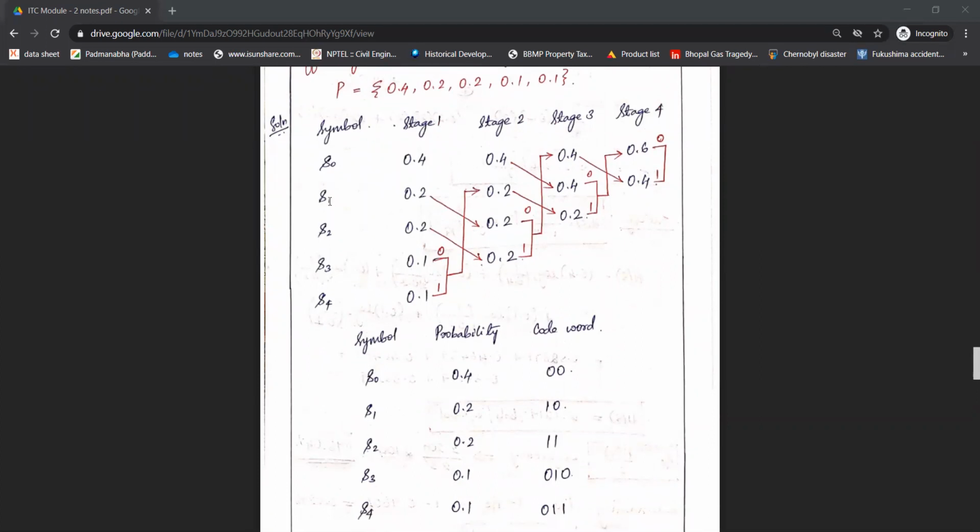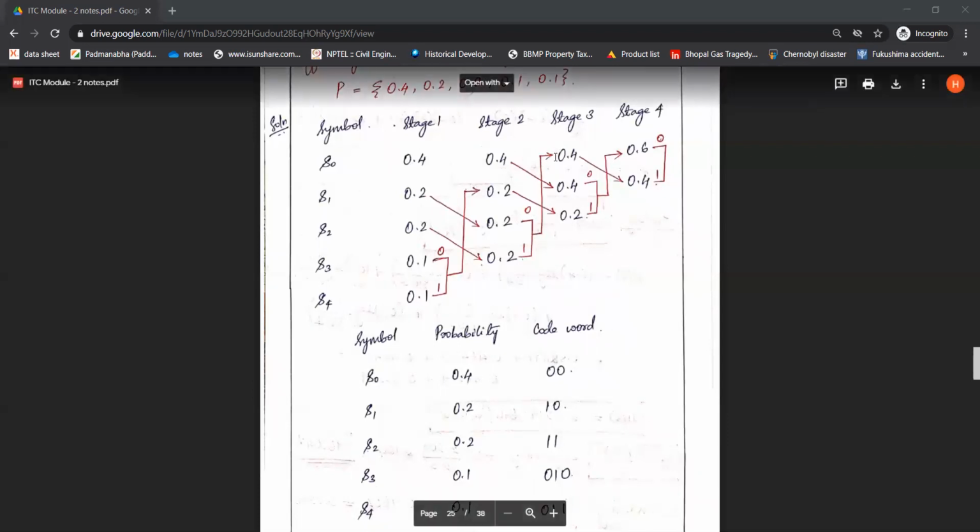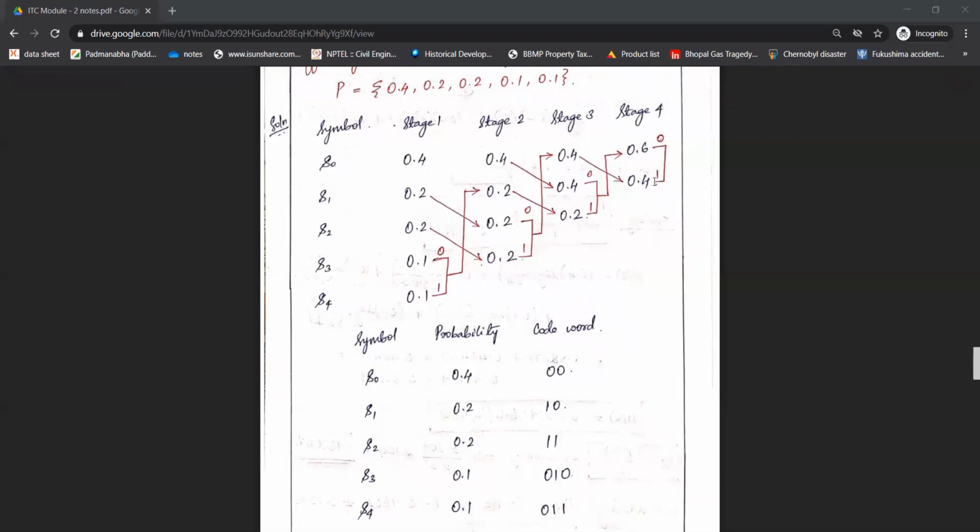Then trace the path of S1 in order to get the code word for S1. Probability is 0.2. There is a downward arrow mark. We have 0 over here and next this arrow mark is going over here to 0.4 and next downward arrow mark and it led to a probability value of 0.4 which is coded with the value 1.